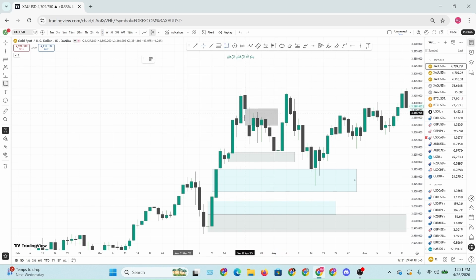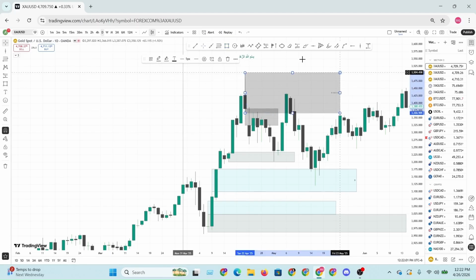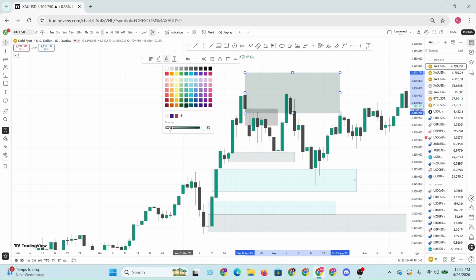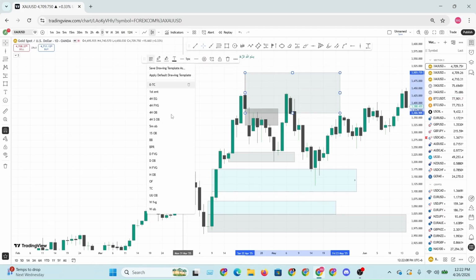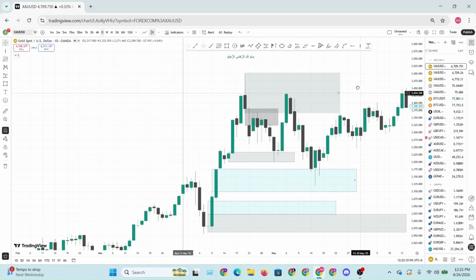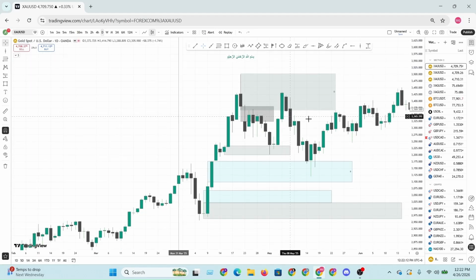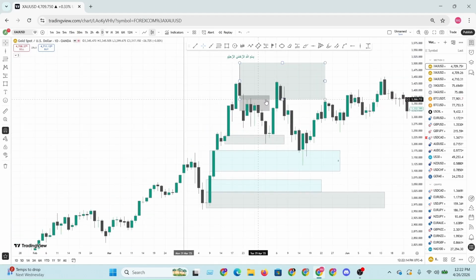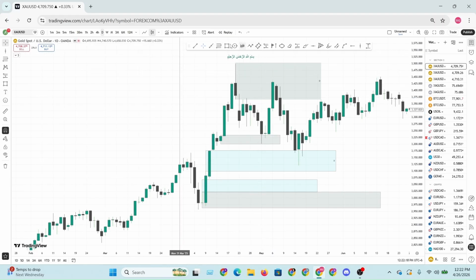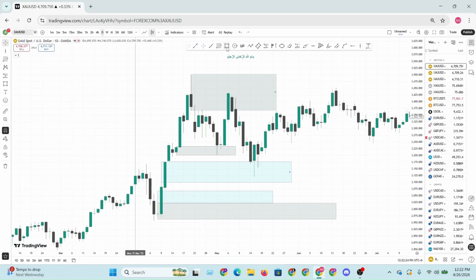So I consider the first candle as our order block. Okay, so you can see that the market is moving from POI to POI, POI to POI, and again POI to POI.